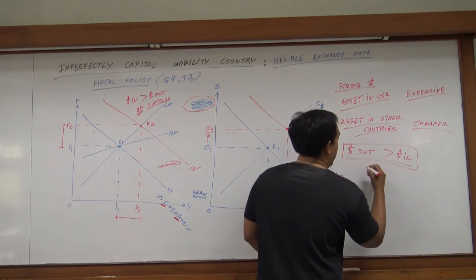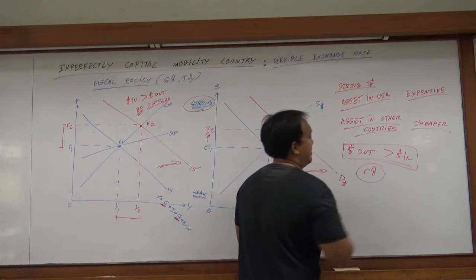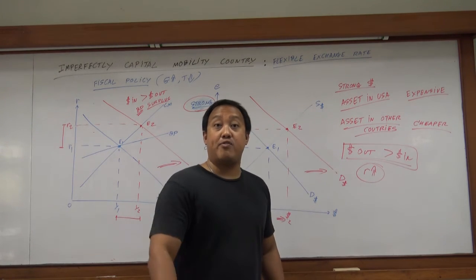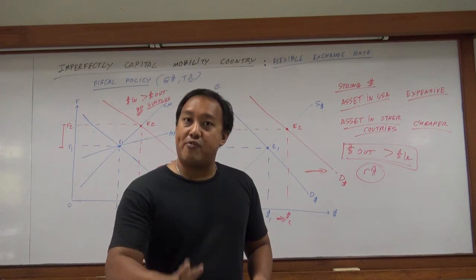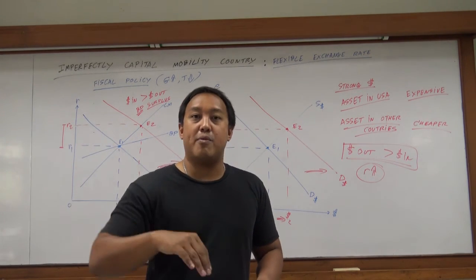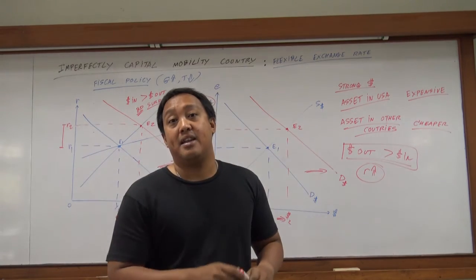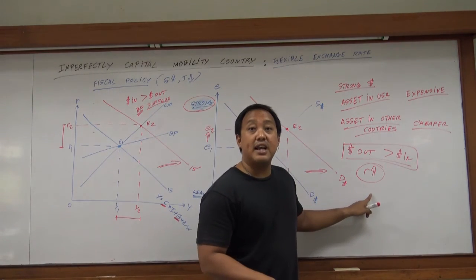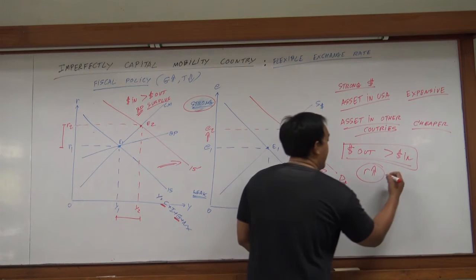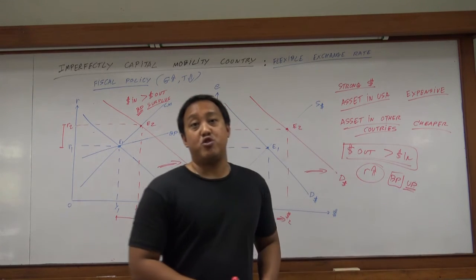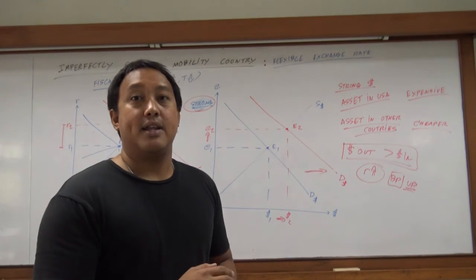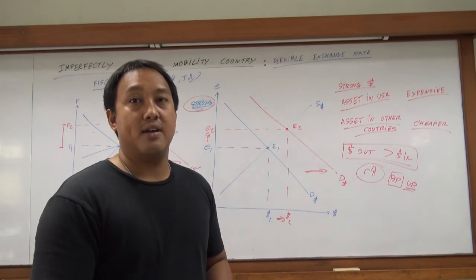We need to increase the interest rate to stop the money that flow out. When we increase the interest rate, the money gonna stop flowing out. The money gonna start to flow in more, and then we're gonna have balance of payment again. So by increasing the interest rate, BP curve have to shift up to offset the effect of strong US dollar.